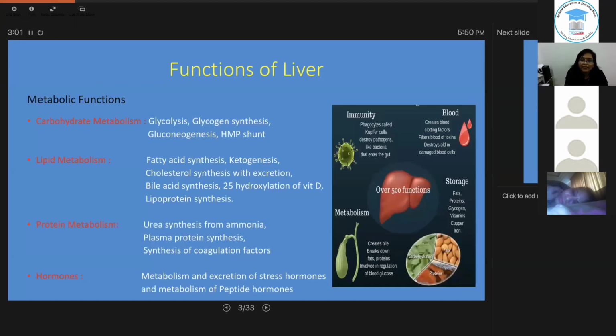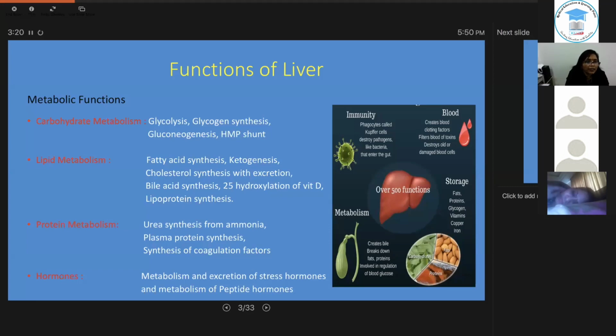Let's quickly revise the functions of the liver. This is an amazing organ, with more than 500 functions. It acts on almost every component in the body which we take orally, like fats, carbohydrates, proteins.